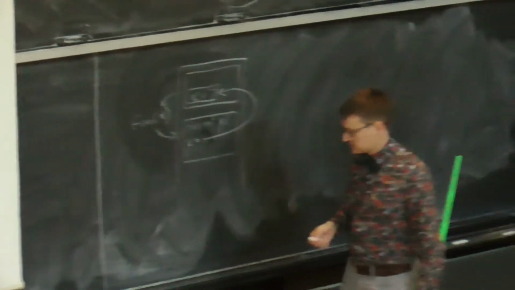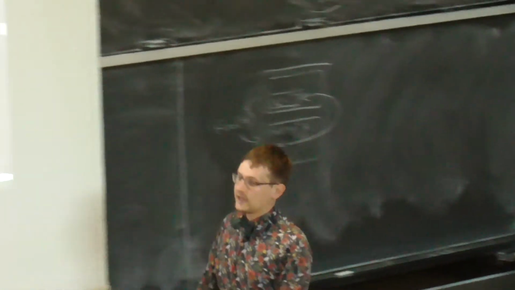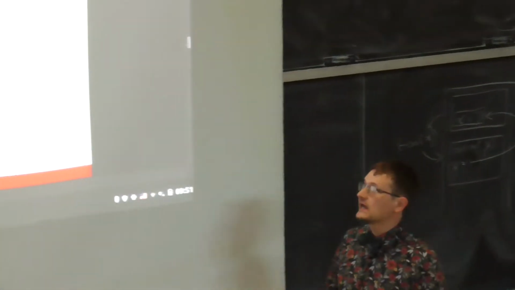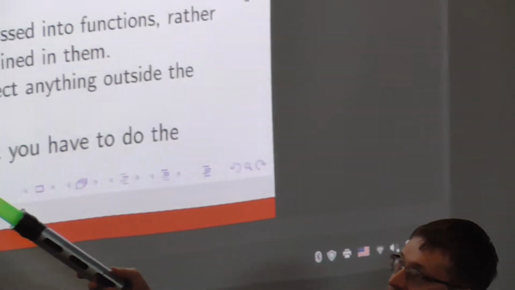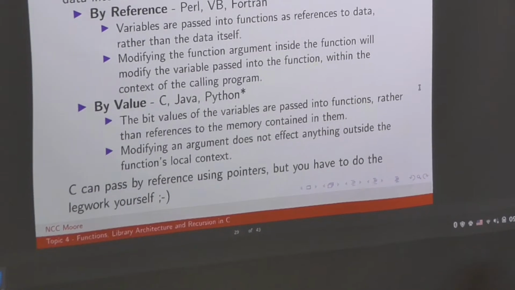You might be saying to yourself, okay, so that's how things work in call by reference, but I have read slightly ahead in the slides and seen that both C and Python are pass by value languages, so why are you even telling me this, right?